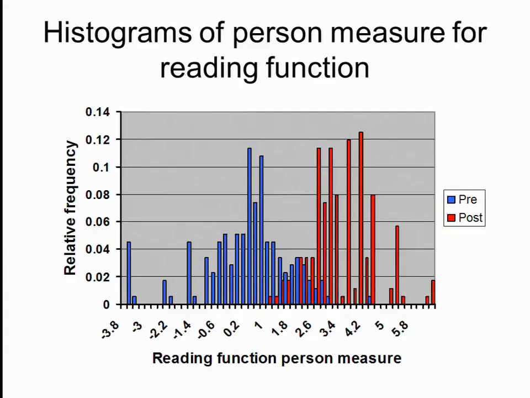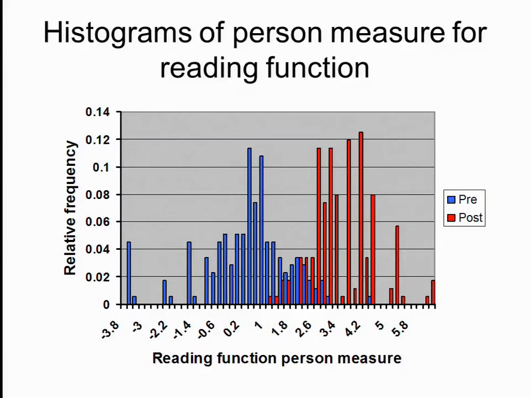This is the outcome in terms of person measure estimates. The blue is the distribution of baseline values before rehabilitation for the treatment group, and the red is the distribution of follow-up, post-rehabilitation values for that same group of patients. I don't have a graph of the control group, but they didn't change.